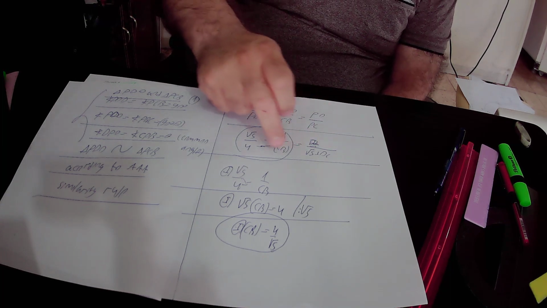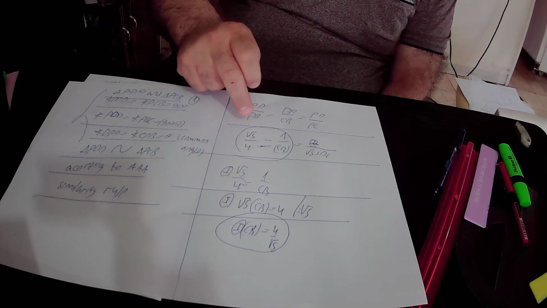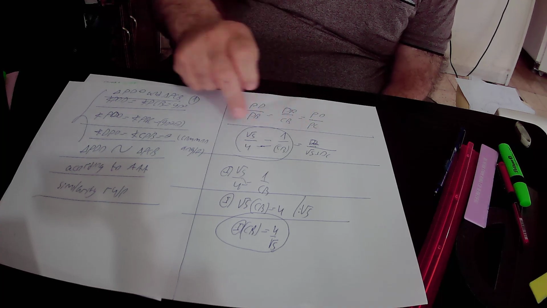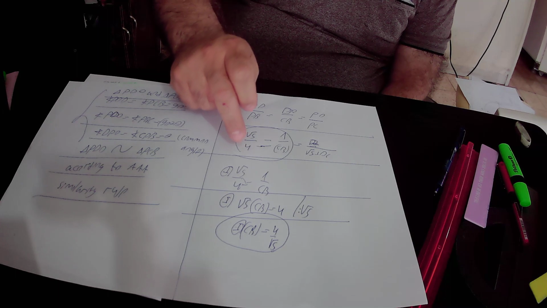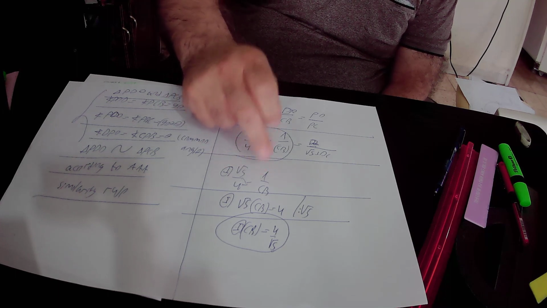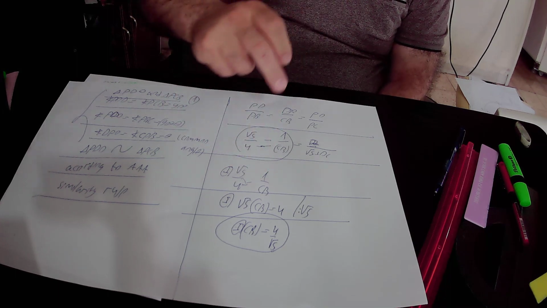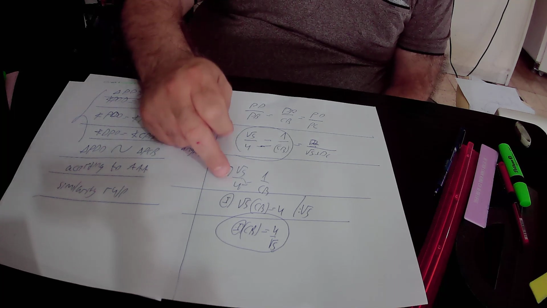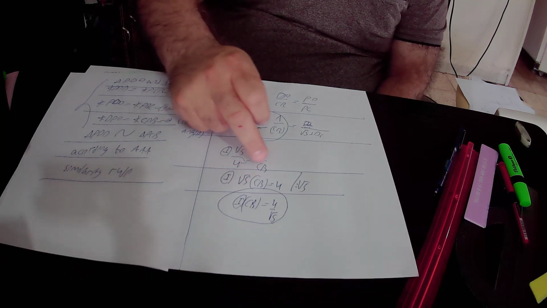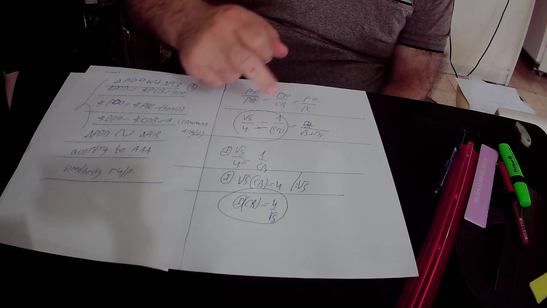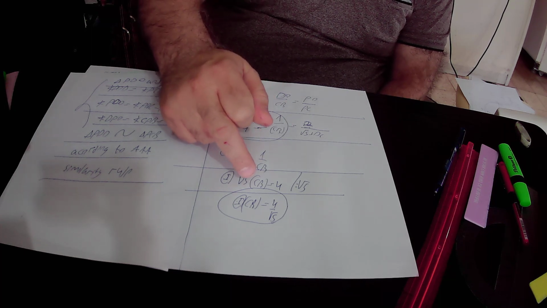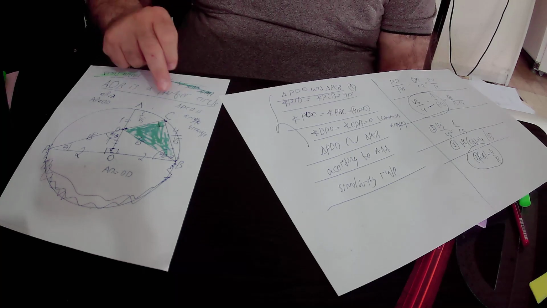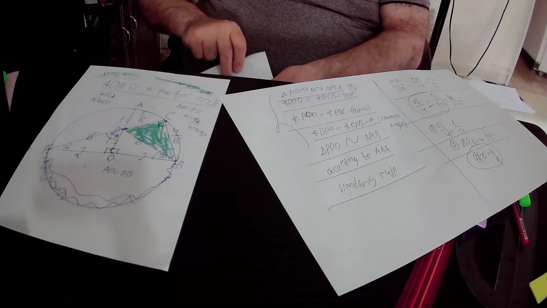We derive the first equation from this bigger equation: square root of 5 over 4 equals 1 over CB. We cross multiply and find that square root of 5 times CB equals 4. We divide by square root of 5 and find that CB equals 4 over square root of 5 units.